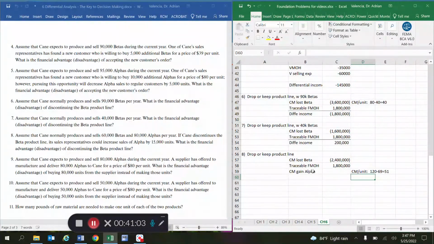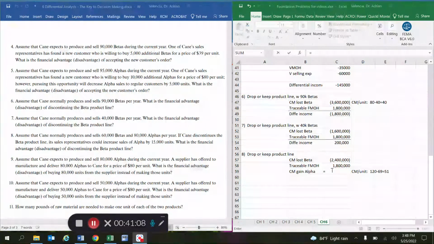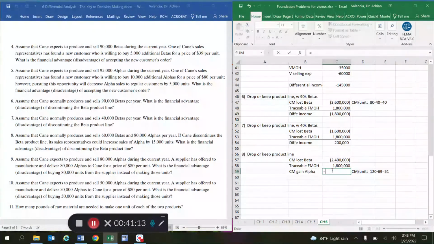So each one of the alphas that we're going to now sell, the additional 15,000 units, are going to give us a positive contribution margin. So it'll be 51 times 15,000 units, and that's $765,000. So the question is, what's the differential income here, or loss?